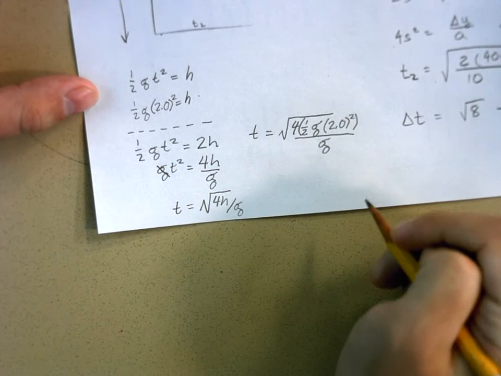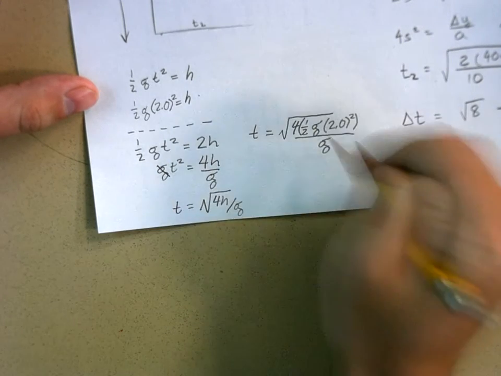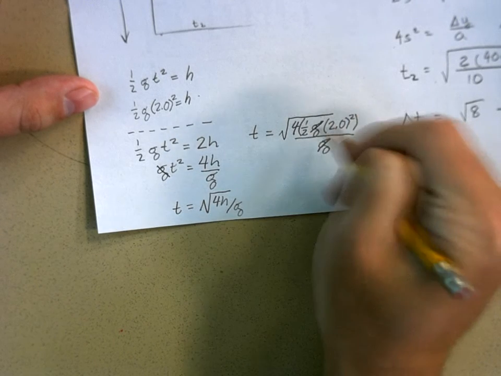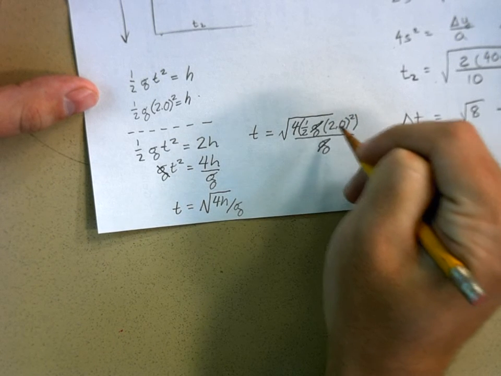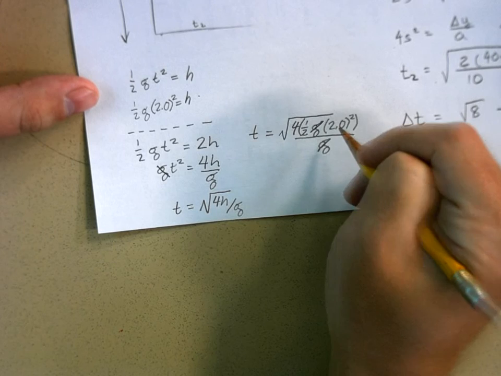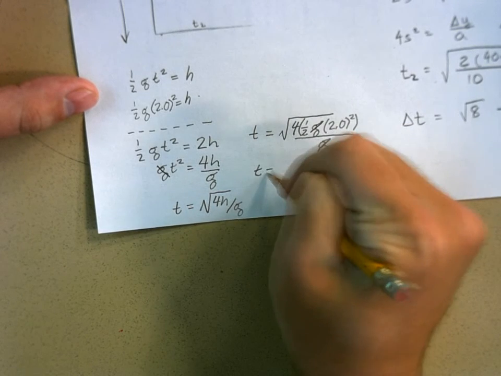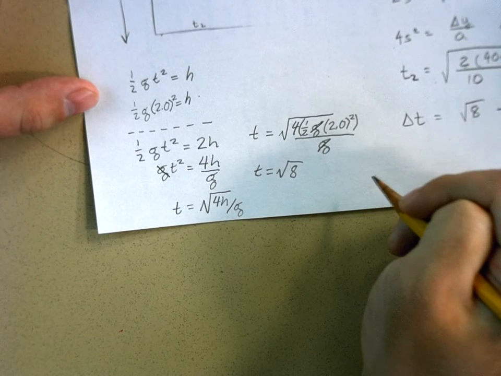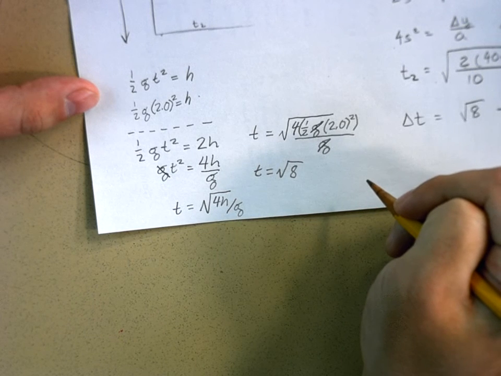There are a few cancellations here, right? Well, we can get rid of the g. This is 2. 2 times 2 squared is 8. So what we have here is t, the square root of 8. And we simply take away the initial time of the first half to get the second half.